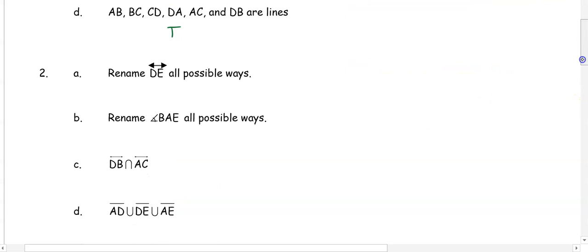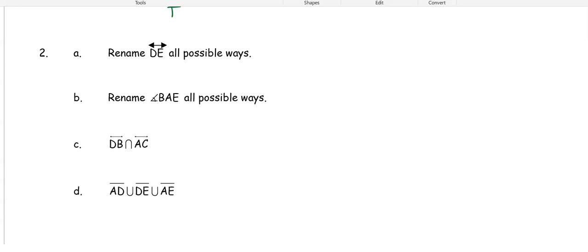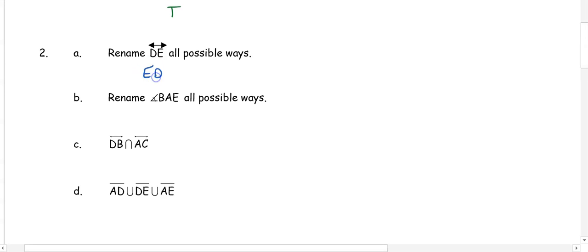So we can call it ED. And then we can put B in for one of those letters. So we could do BE and EB. Or we could put B in for D or for E and we get DB and BD. So those are all possible ways to name the line.